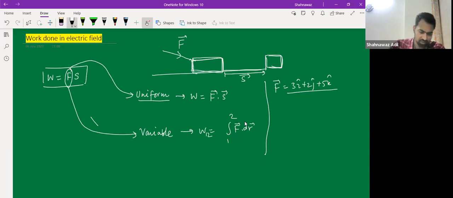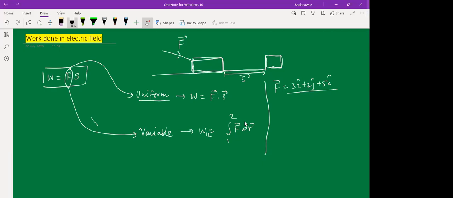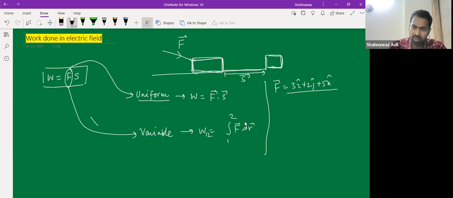Rabia, what is your answer? Uniform, right? Because for the variable one, we should have some variable. Does this force contain any variables? No, right? So this is not a variable force, this is uniform. Good, guys.